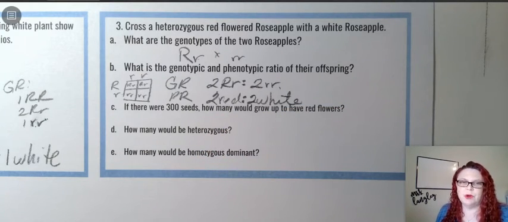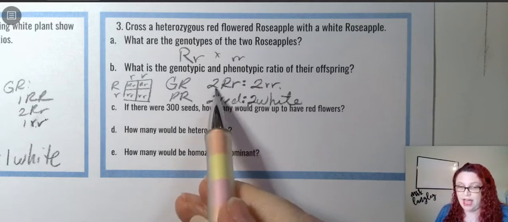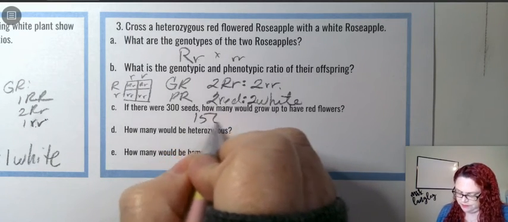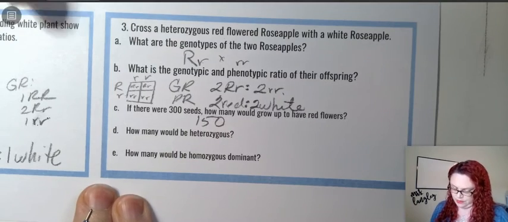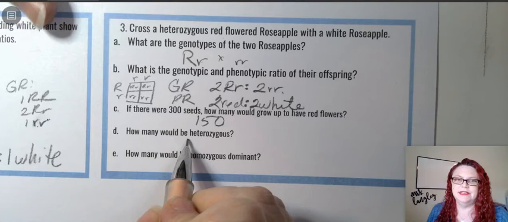From this cross, if there were 300 seeds produced, how many would grow up to have red flowers? Well, I know that it's half and half, red and white. So half of 300 is 150. How many would be heterozygous?